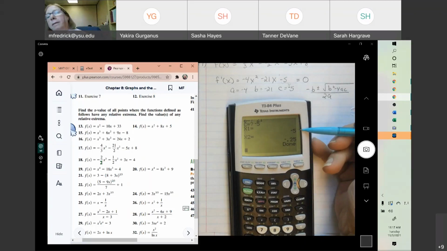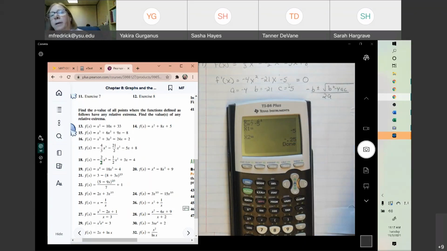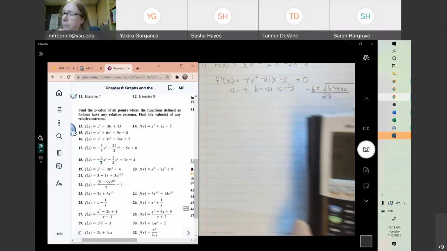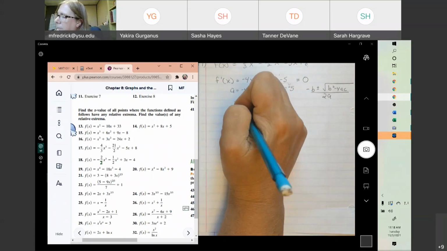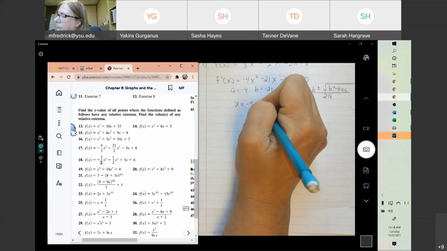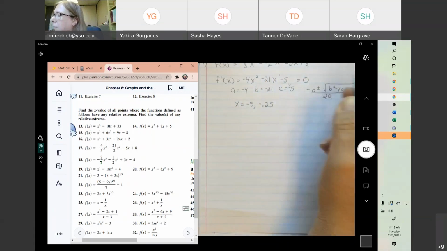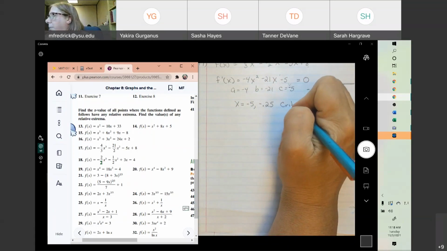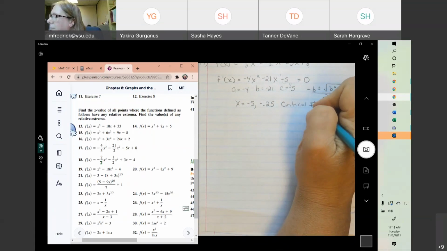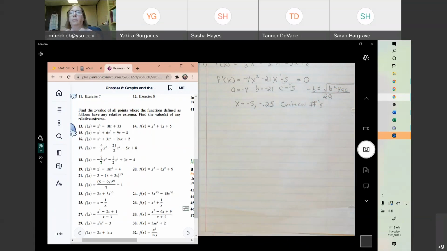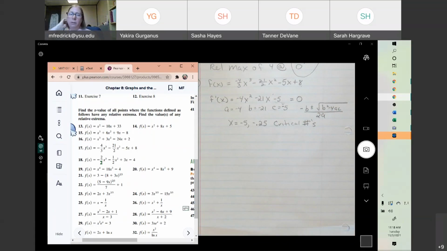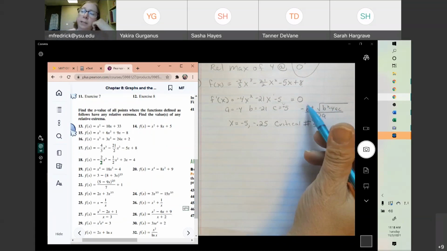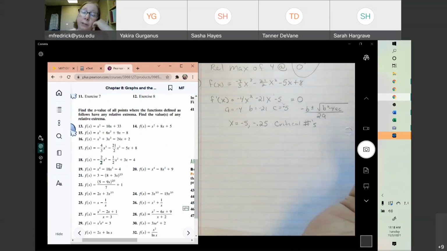But you should get -5 and -0.25 or 1/4. So these are the two critical numbers. Any questions on that? So you can plug it into this. You can factor it. It's also factorable.